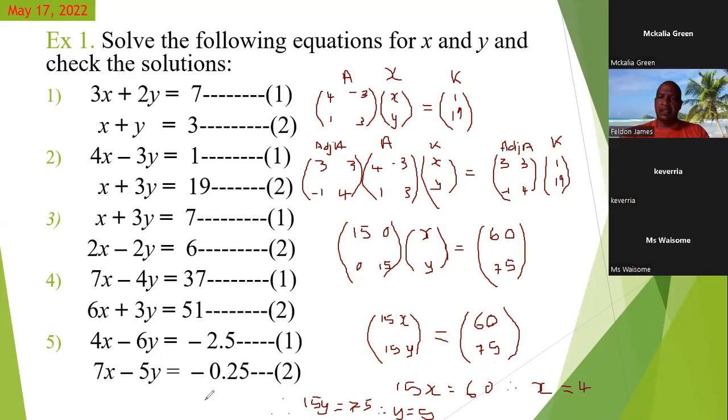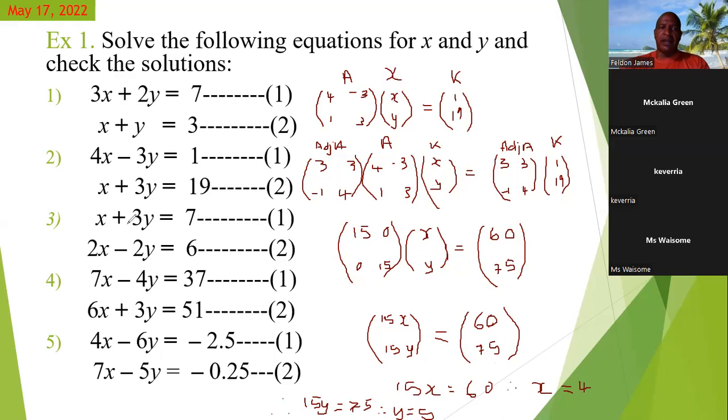All right, now if you are not yet finished with question 3, just take a snapshot of the screen. What I want to do is go to the inverse matrix method now before we actually run out of time. The same 3 questions that we did with the adjoint matrix method, you're going to also do with the inverse matrix method.